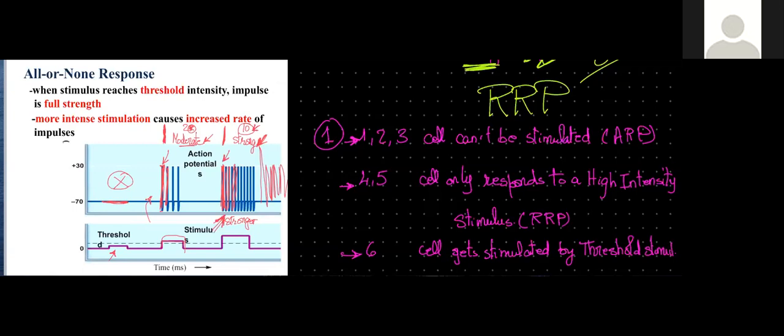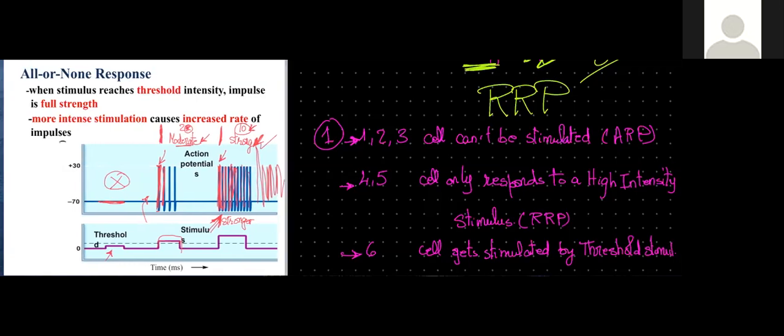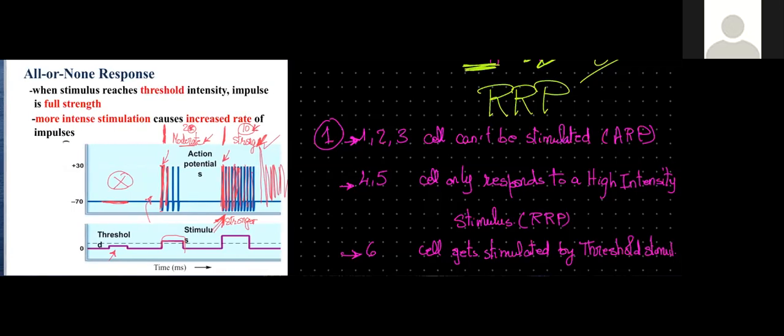The brain is going to be receiving 10 action potentials, let's say. So you're going to be translating getting 10 action potentials from the pain receptors as a very strong pain. Those are not accurate numbers. Those are just for you to get the idea. Questions?